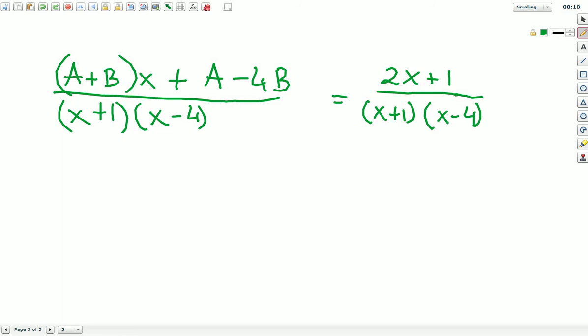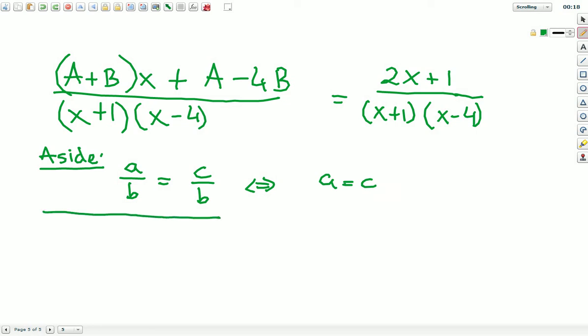Okay, now this is the idea. Two fractions whose denominators are equal are going to be equal only if their numerators are equal. So a over b equals c over b if and only if a is equal to c.